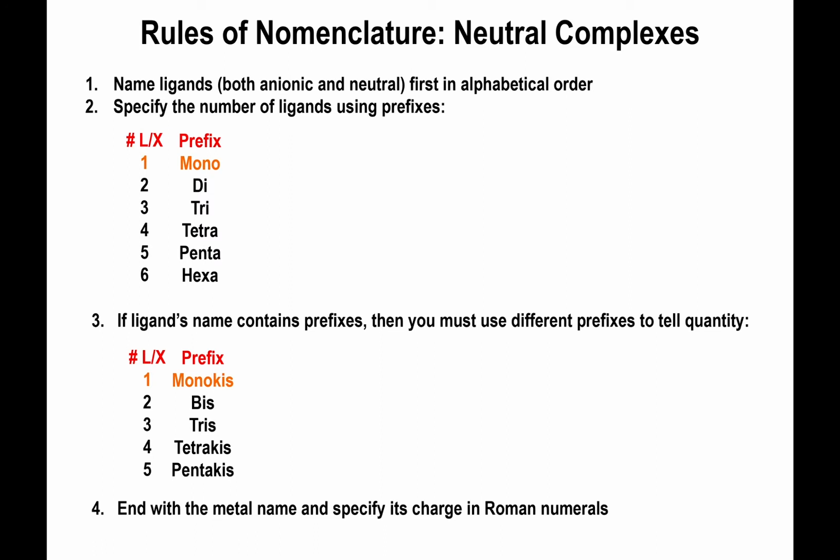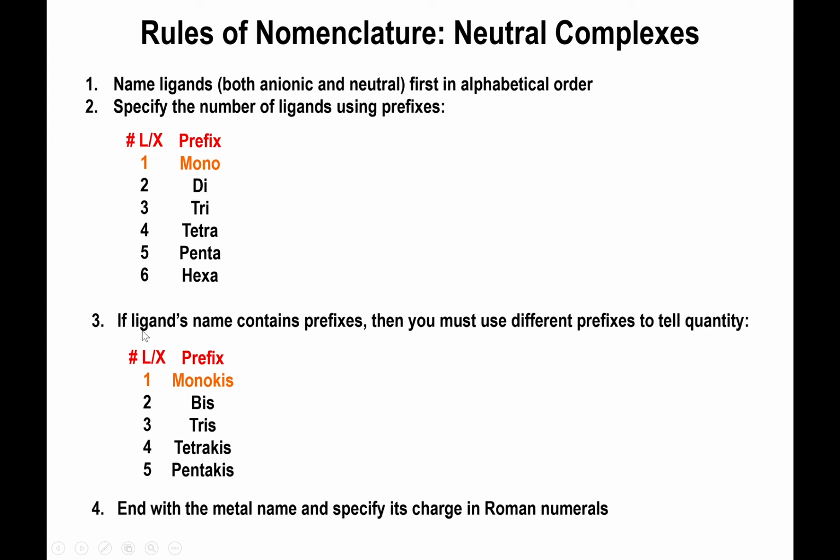All right, one thing that we first need to emphasize is that when it comes down to ligands, if you have more than one present in the same transition metal complex, then you're going to have to specify how many of them you have by using the prefix di, tri, tetra, penta.